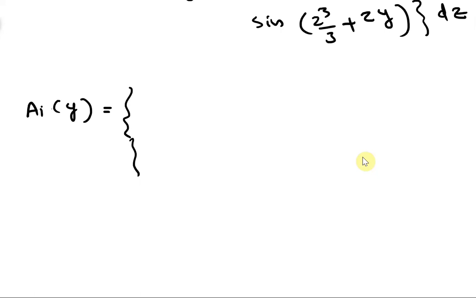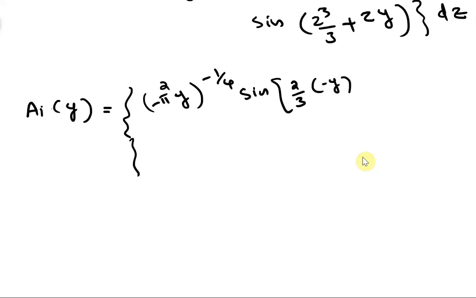So this is going to be equal to minus pi y whole to pi square y to the power minus 1 by 4 sine of 2 by 3 into minus y, sorry, to the power 3 by 2 plus pi by 4, and this is when your y is very much less than 0.